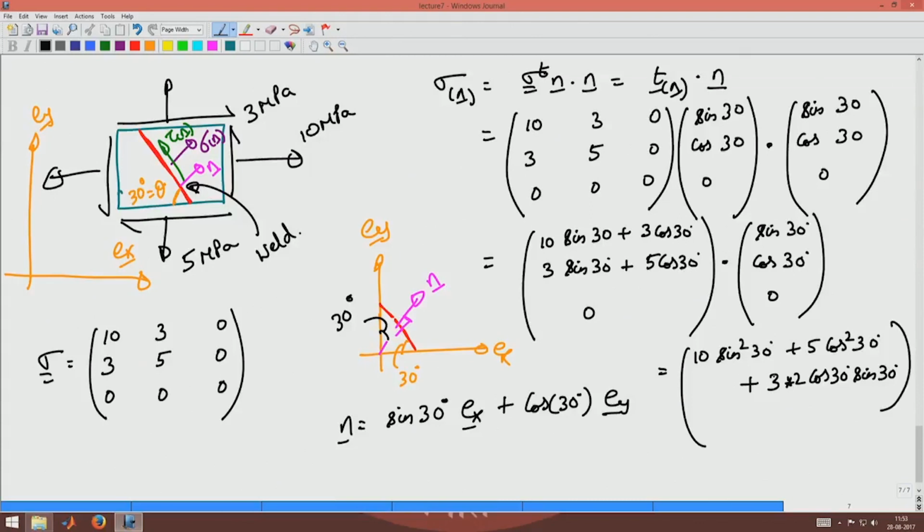Okay. That will be the normal stress. You can work out what this value is and that will be your normal stress.